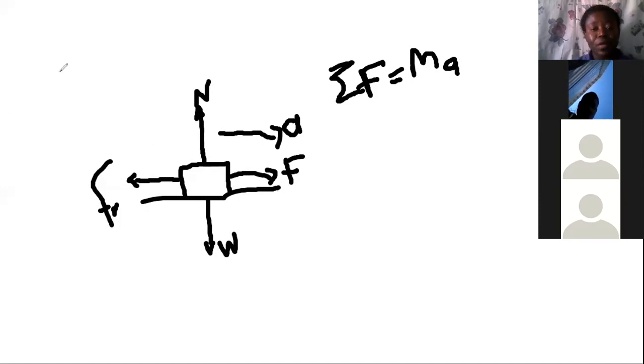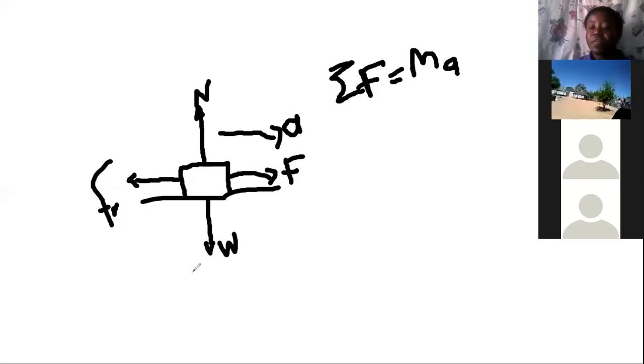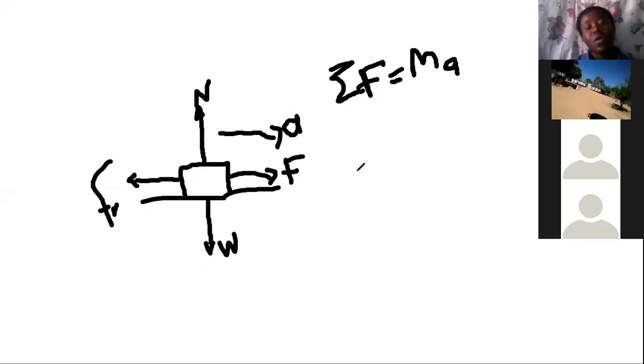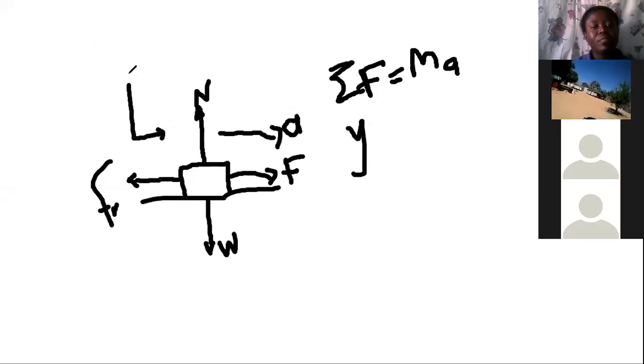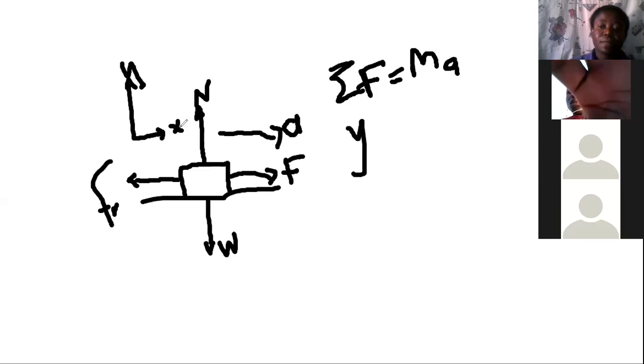You don't sum up all these forces together, because we have the forces acting in the x direction and the forces acting in the y direction. It's always important to indicate which one is your positive y and which one is your positive x.